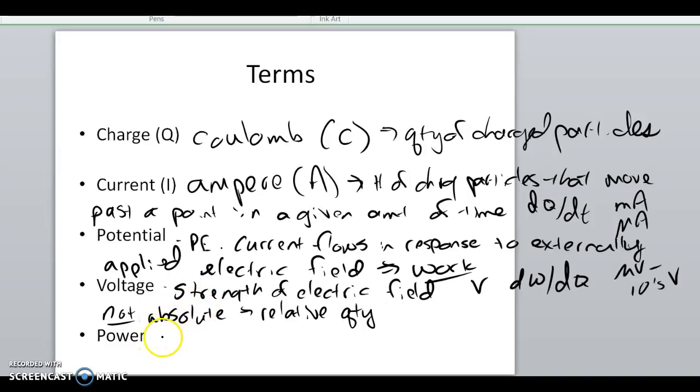Then we have power, which is the rate at which work is being done.